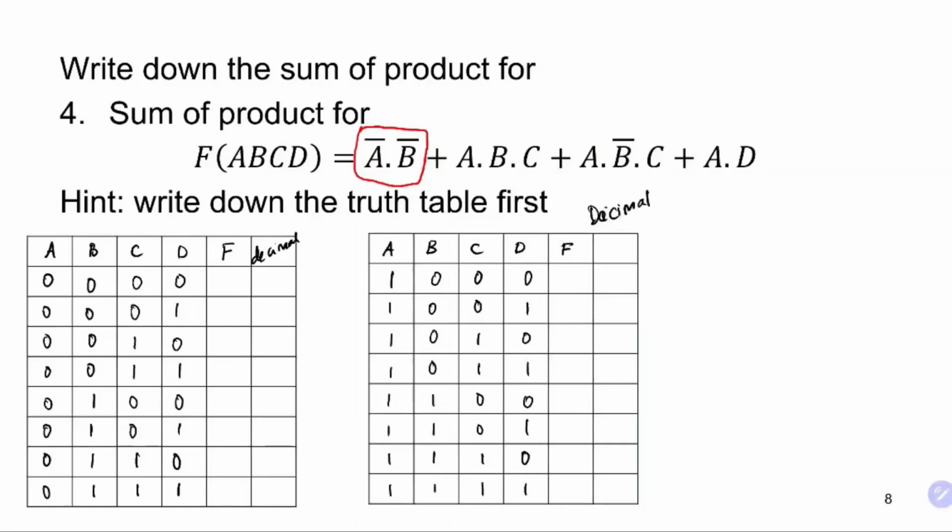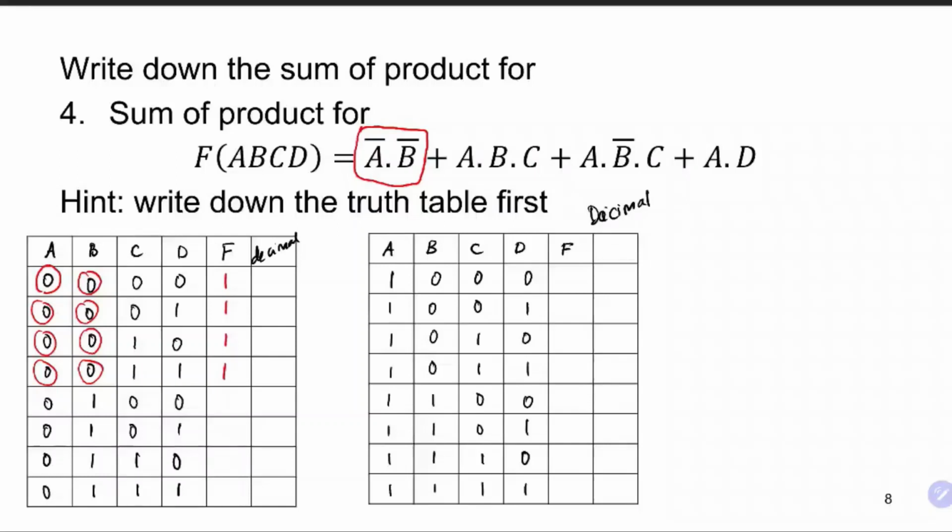First term, A bar, B bar, means that A is 0, B is 0. These are the terms when A and B are 0. This is the term that I'll get a 1 in my functions. This one?